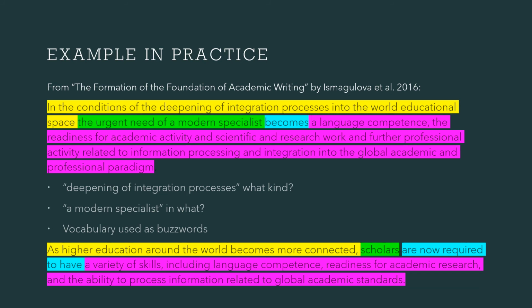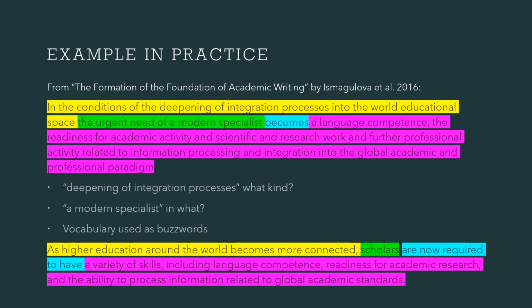So we'll take this example sentence from the Formation of the Foundation of Academic Writing by Ismagulova in 2016, which says, in the conditions of the deepening of integration processes into the world educational space, the urgent need of a modern specialist becomes a language competence, the readiness for academic activity and scientific and research work, and further professional activity related to information processing and integration into the global academic and professional paradigm.